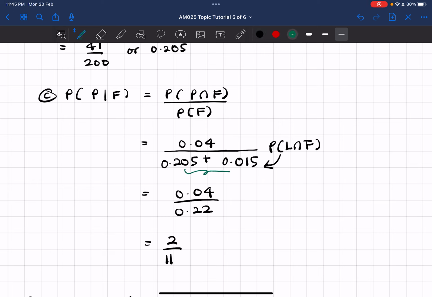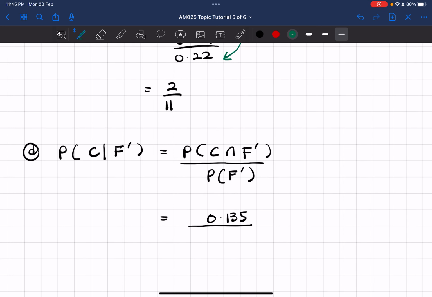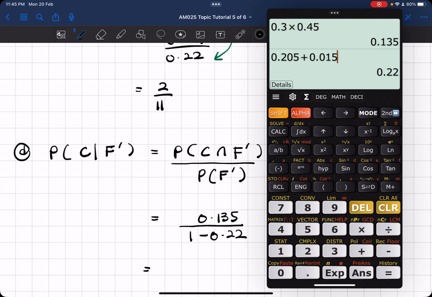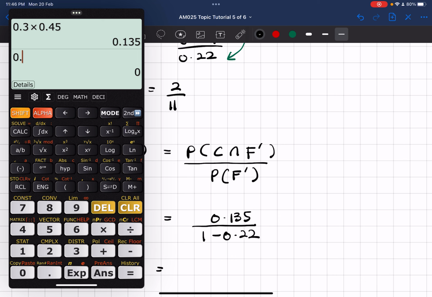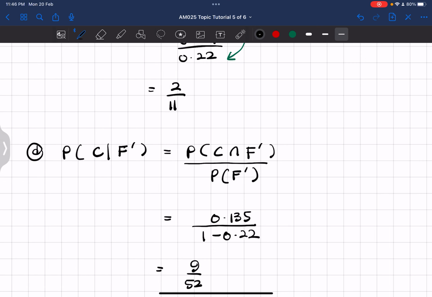The probability of F is 0.22, so the complement of F is 1 minus 0.22. So we get 0.135 divided by 1 minus 0.22, which is 9/52. Okay, so that's it for question 2.